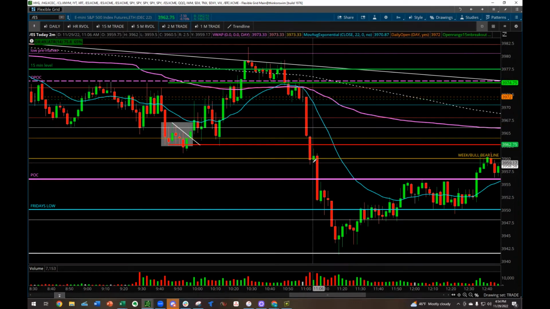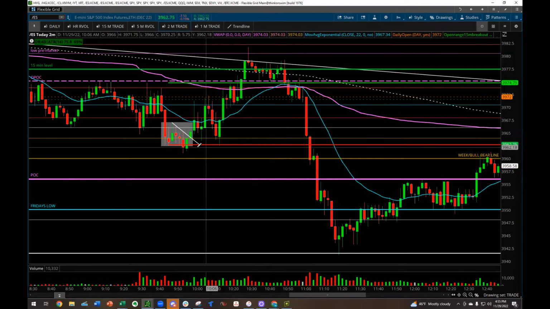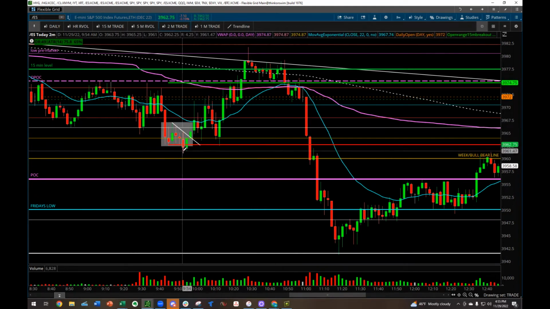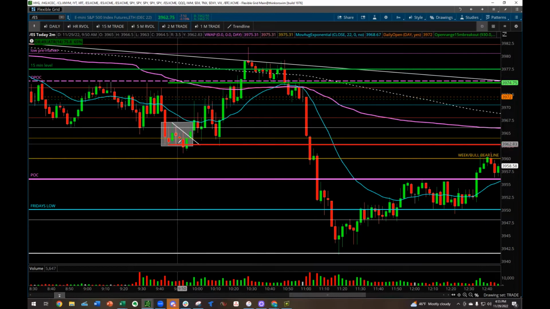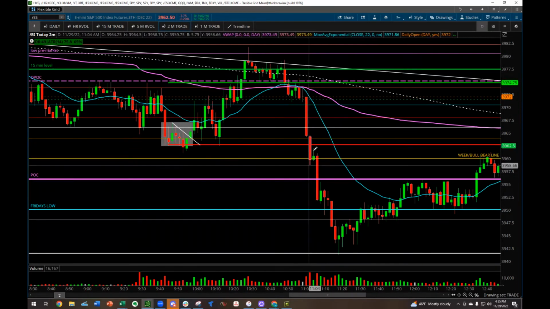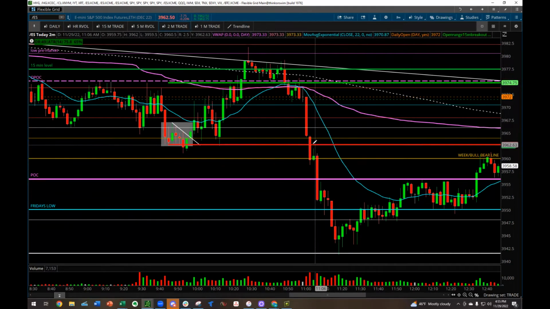There are two ways that traders typically allow a trade to continue. The first way is the obvious level. Your target was right here. For me, the initial balance was my obvious level: it breaks it, and then I trail my stop to this level here. Does that make sense?